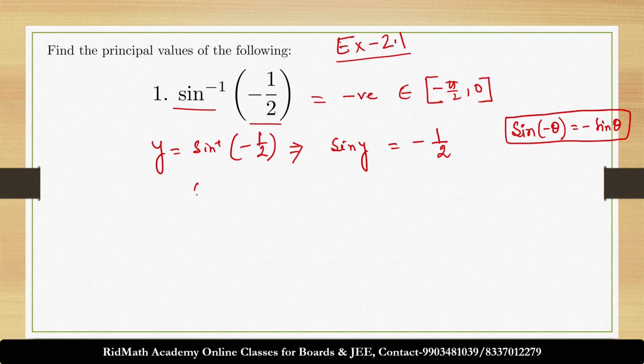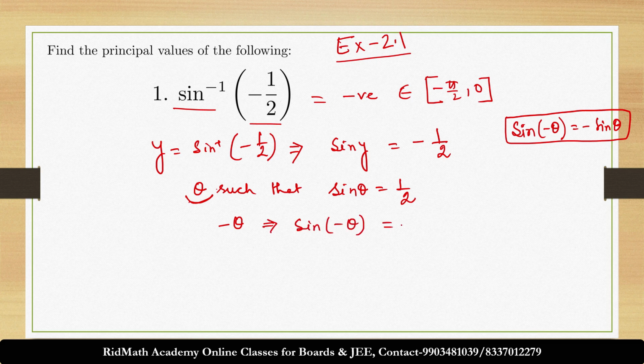So we have to find a theta such that sine theta is equal to half. And after getting the value of theta, if we put minus theta, that would imply that sine of minus theta equals minus of sine theta, and that would be minus of half.